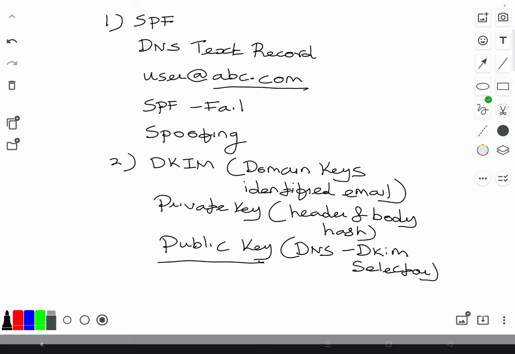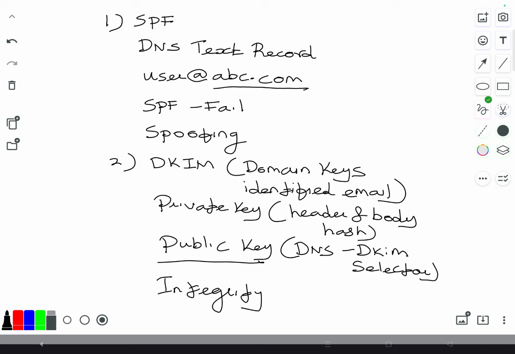So the main purpose of DKIM is to ensure integrity, which means the email content is unmodified, and authenticity. It confirms the mail is signed by a valid domain.